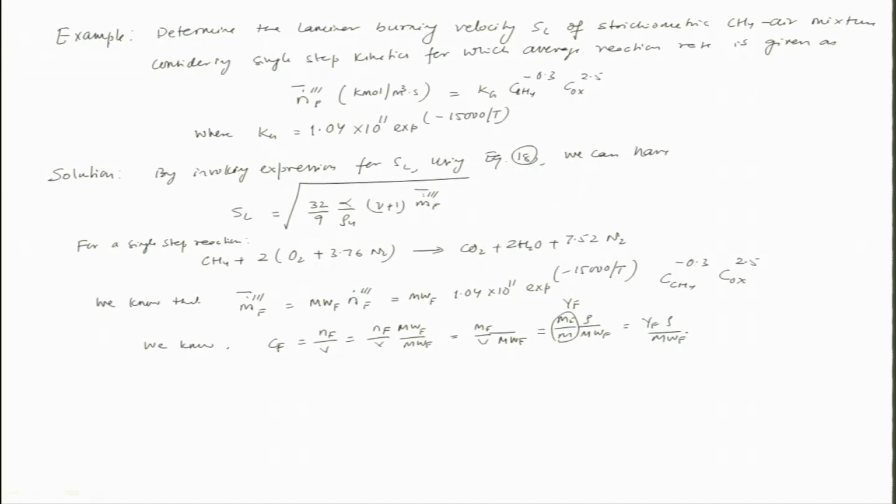Similarly, I can write down C oxidizer as Y oxidizer rho by MW oxidizer. So, if I say this is equation 1 and this is 2, then I can put these values of concentration in equation 2.